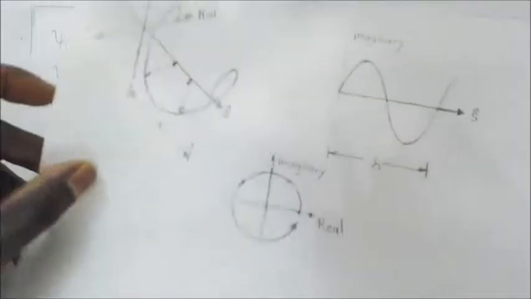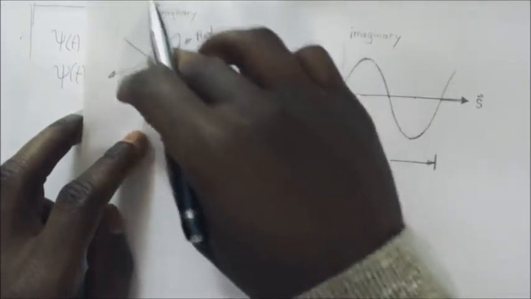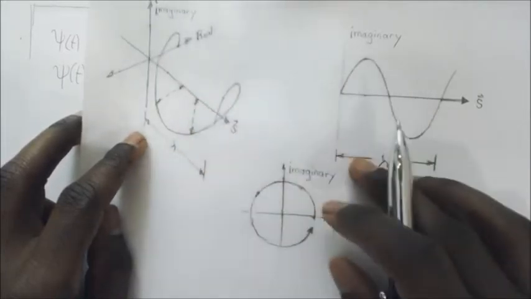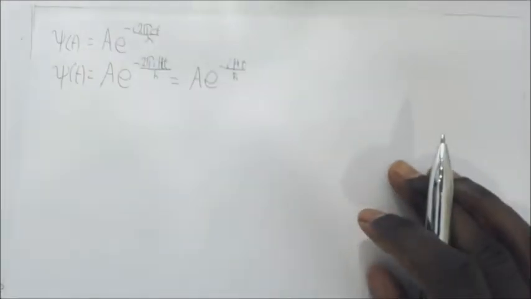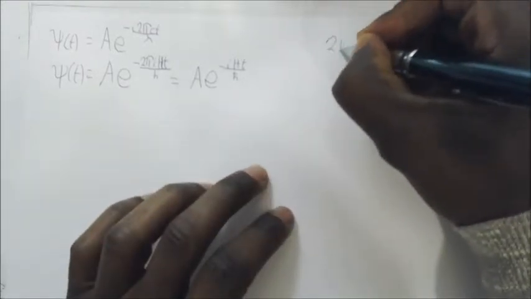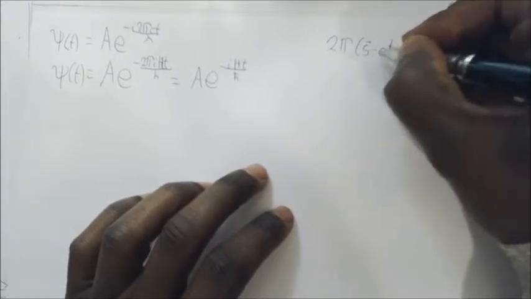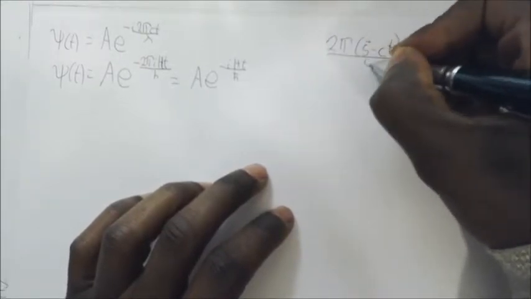Now for the case where both the position along the s-axis is moving and the wave function, the curve itself, is moving, the angular displacement is going to be 2 pi times s minus c t over lambda.